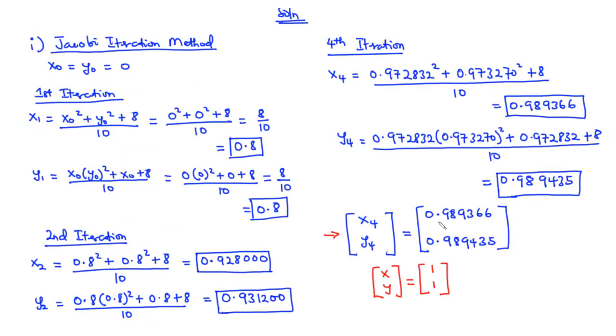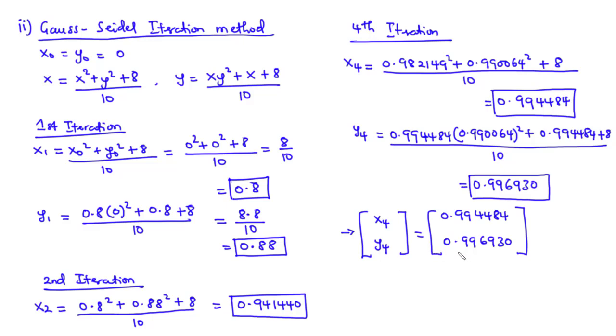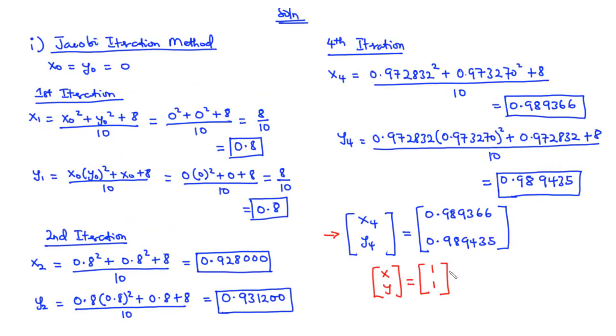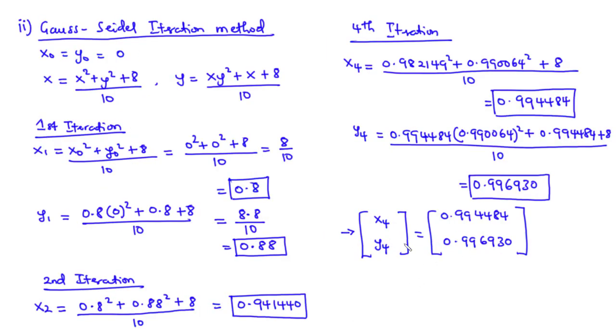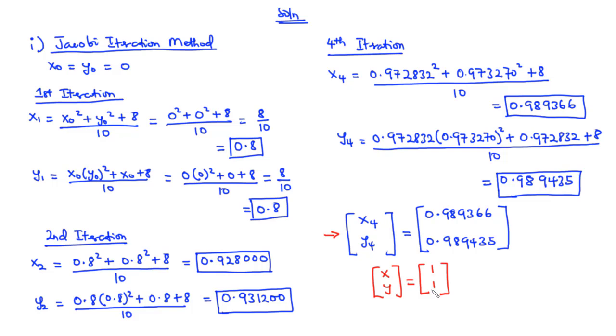However, for Jacobi you have 0.989366. Now also for the y part, for Gauss-Seidel you have 0.996930. Here you have 0.989435. So you realize that the values obtained as a result of Gauss-Seidel iteration are much closer to the root 1 as compared to the values obtained as a result of the Jacobi iteration method.